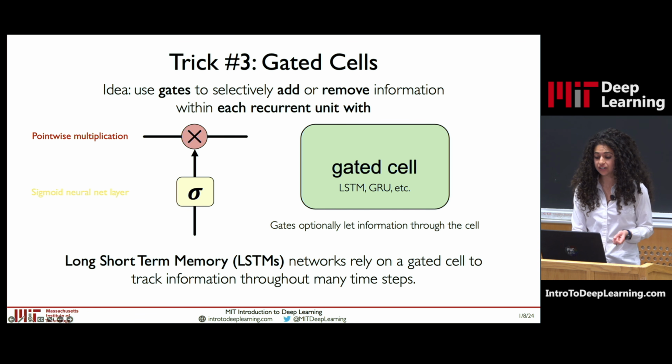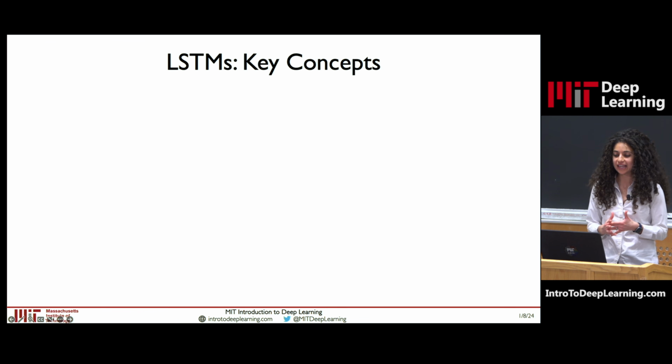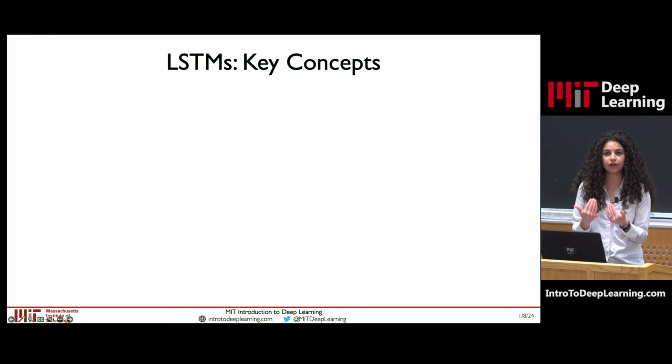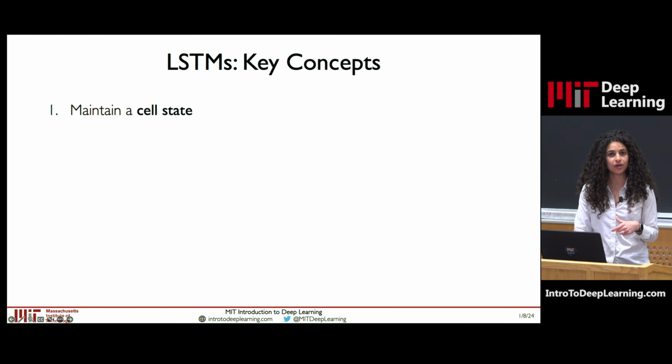The core idea to take away from this idea of gating is, again, we're thinking about how information is updated numerically within the recurrent unit. What LSTMs do is very similar to how the RNN on its own functions: they have a variable, a cell state, that's maintained.